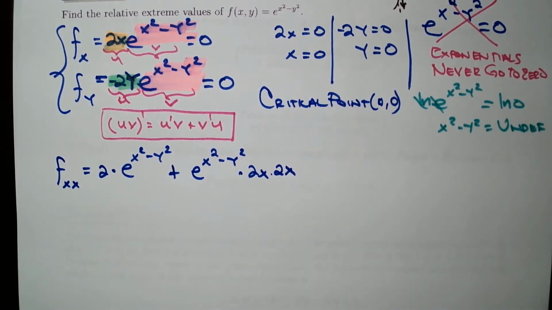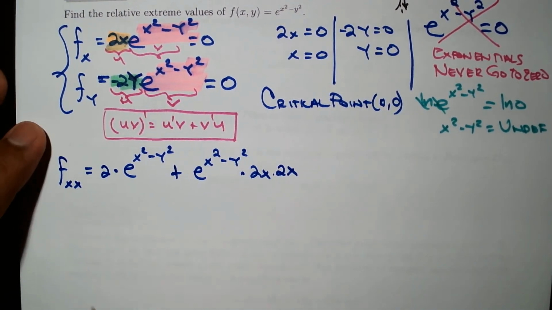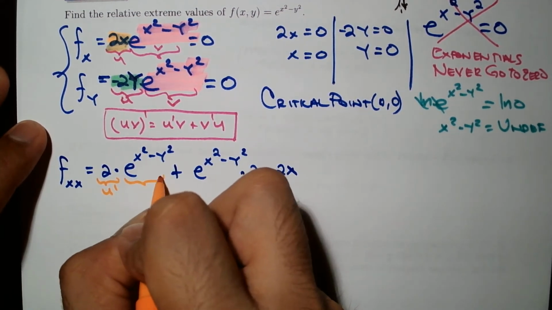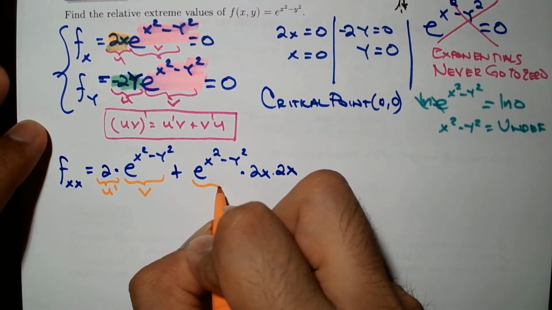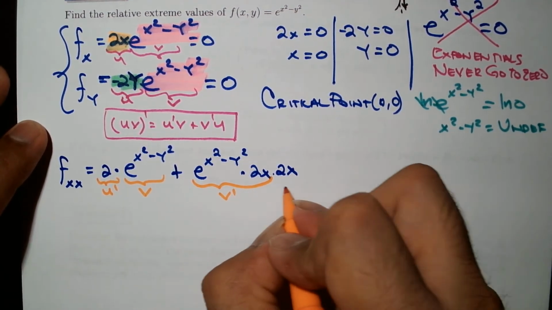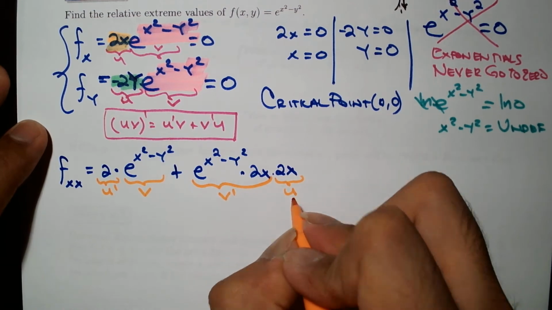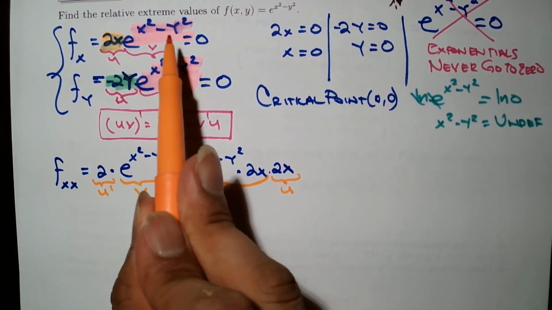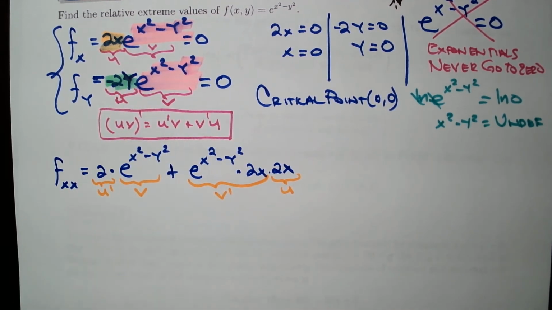Okay, what did I do here? So this is u prime v, and then all this is v prime u. Okay, that's the product rule for the first partial to get the second partial.